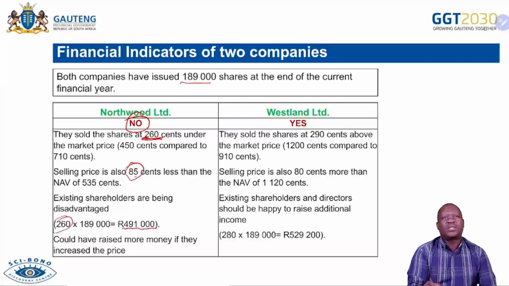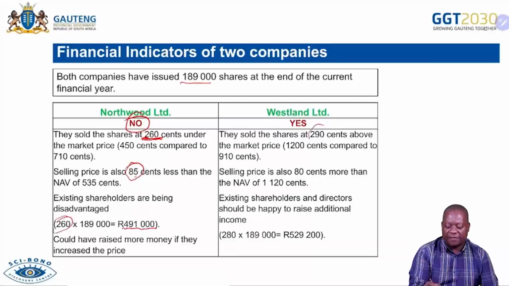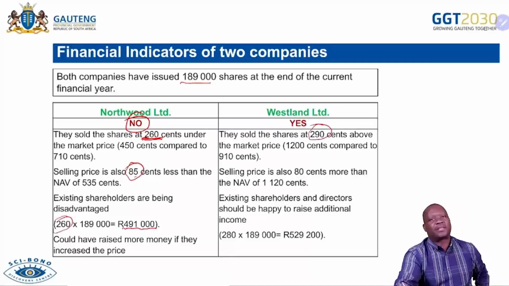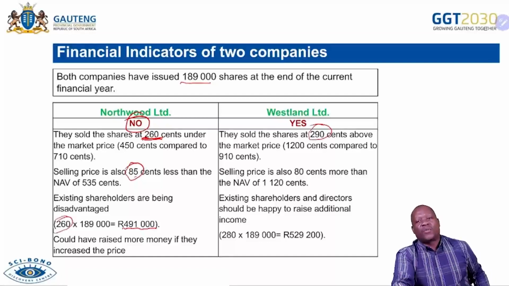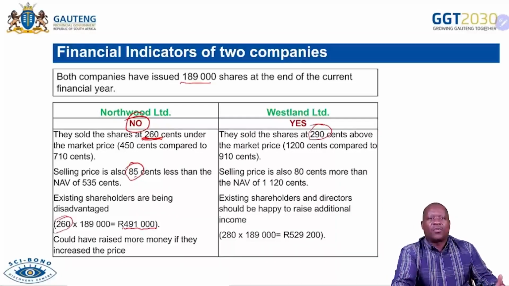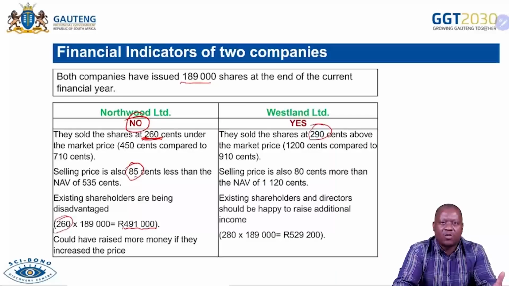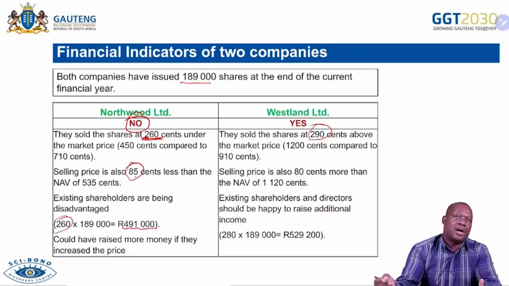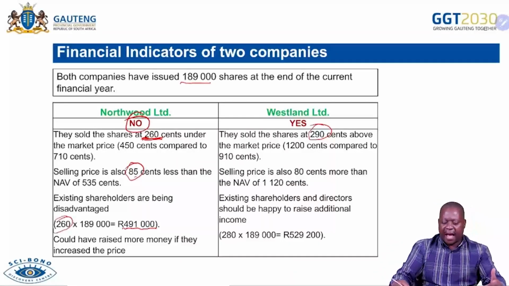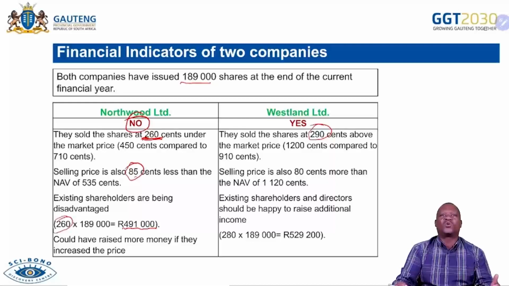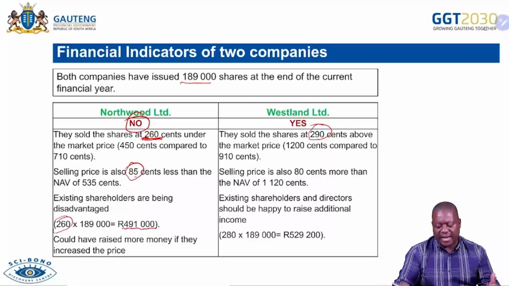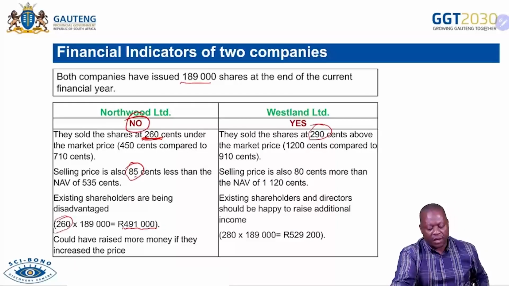They sold these shares above the market price. Oh, they are clever, these guys. It means now they are gaining more. Though investors are willing to pay a certain amount on the stock exchange, they are in a position to sell to other willing investors at a price above that.